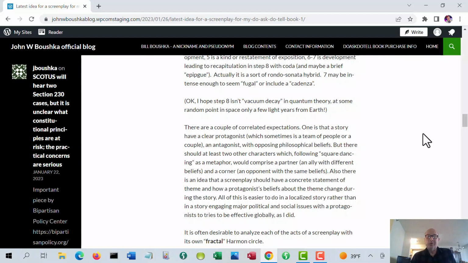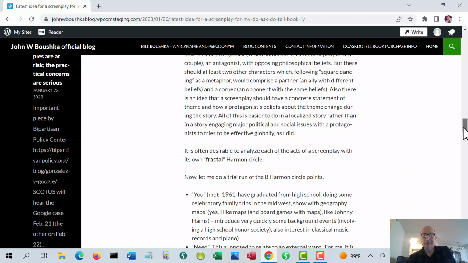There may be a corner, like in square dancing, who is on the other side but may share beliefs with the protagonist. You know, they say that in politics there are strange bedfellows sometimes, and that would be an example.